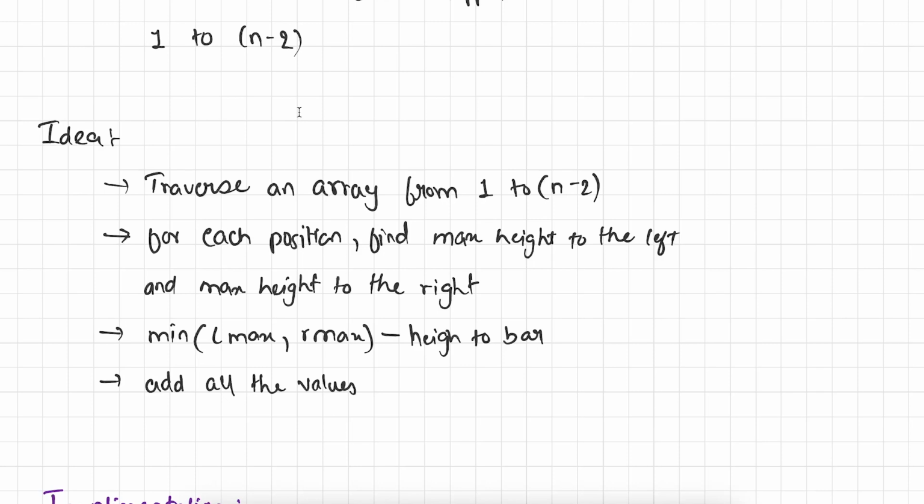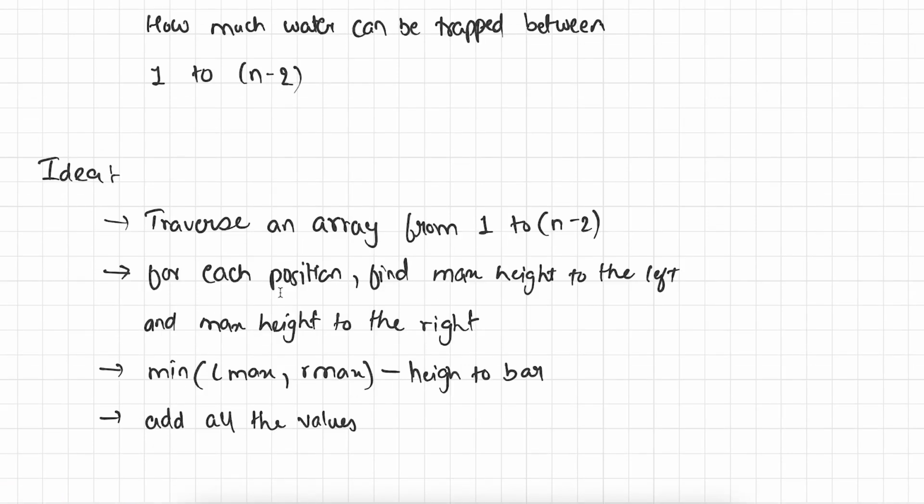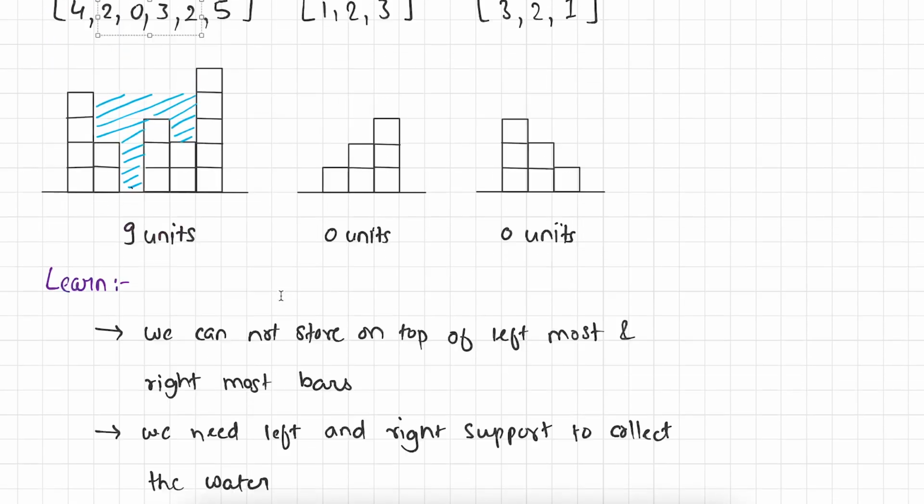After finding the minimum of both the heights, we just have to subtract the height of the current bar to get the amount of water we can collect at that particular position. And then we simply have to add all the computed values to get the total water we can collect with this setup. Let's understand this with this example.